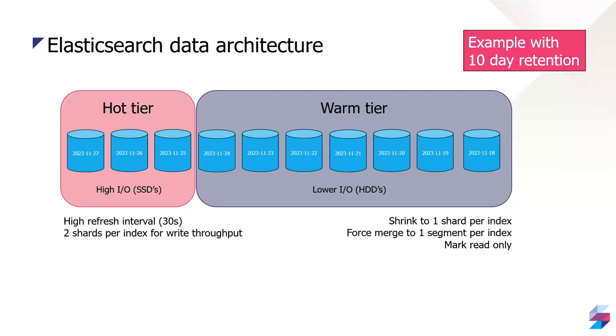Another thing we also do is, for our write index, the one that is the current date, to even out the load of the cluster, we have 2 shards per index. So every index in the hot tier is running 2 shards, each of which is a Lucene index, so that we can actually parallelize.